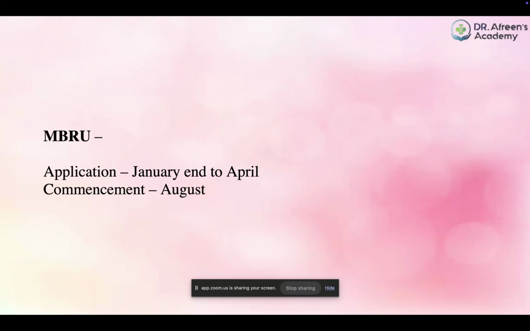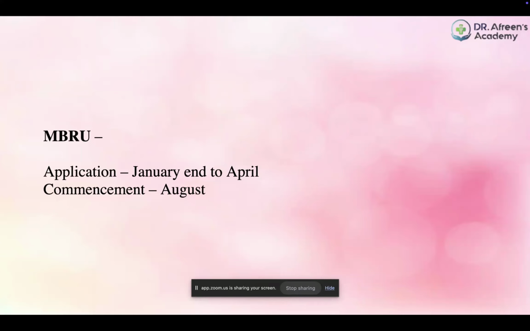This aspect differs from the other health bodies. You will not be getting involved in research as much as you will be doing here in MBRU. There are very good research programs and research centers under MBRU. So if you get matched here, it is really good for you in terms of your residency as well.